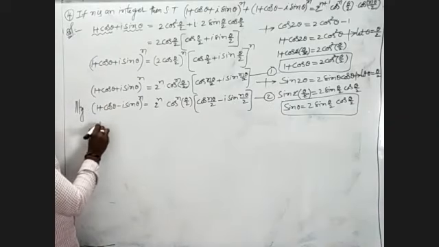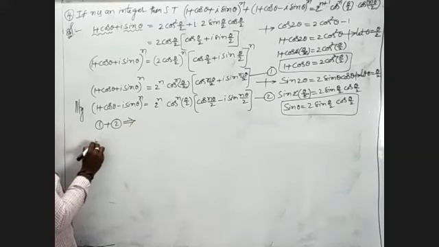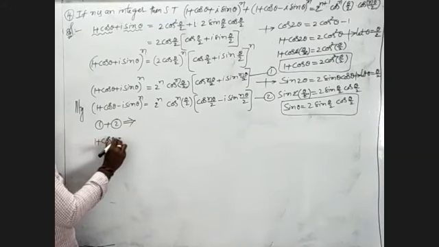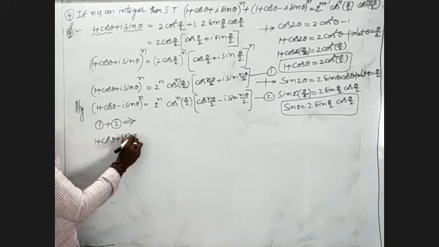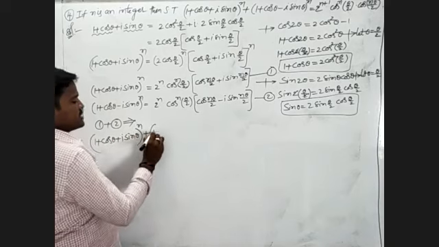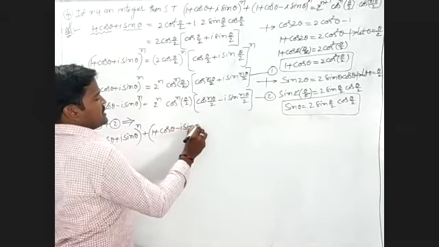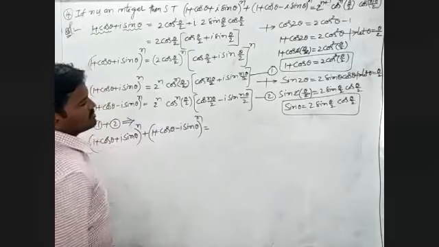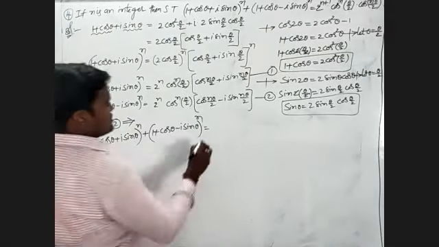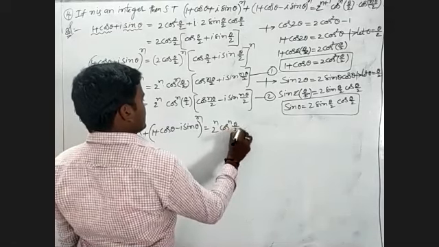Now 1 plus 2 we will get: (1 plus cos theta plus i sin theta) whole power n plus, second one is (1 plus cos theta minus i sin theta) whole power n is equal to, here we will write their RHS values, that is 2 power n cos power n theta by 2.